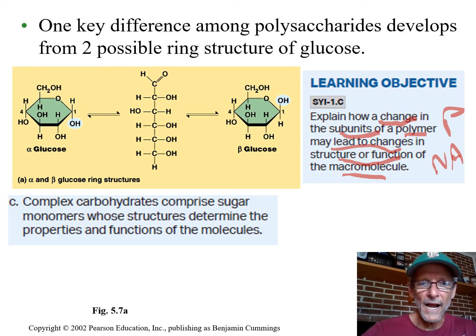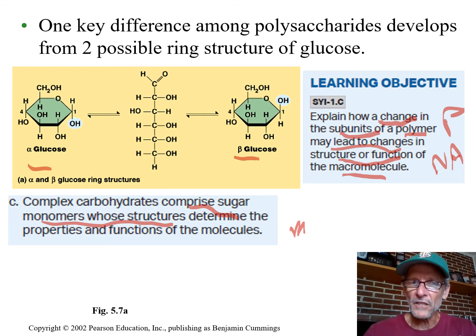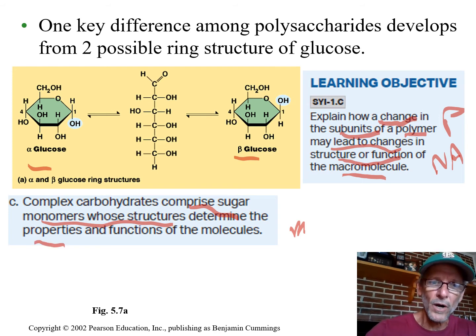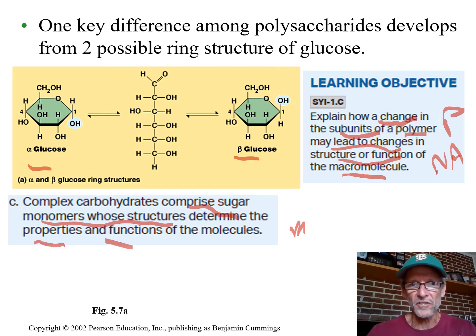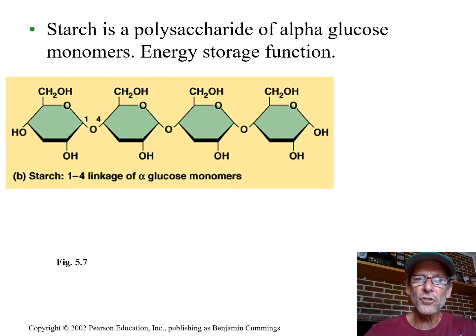But here we have sugar molecules whose structure, I think this one might be more about alpha and beta glucose, because you don't find complex carbohydrates being made of a bunch of fructose, for instance. They're just glucose polymers. But whether they're alpha or beta glucose polymers makes a big difference in their properties and functions. So here's our example. These starches are alpha glucose, right?